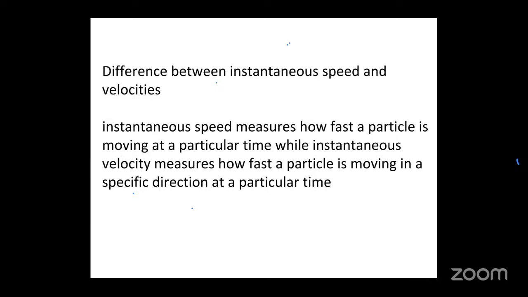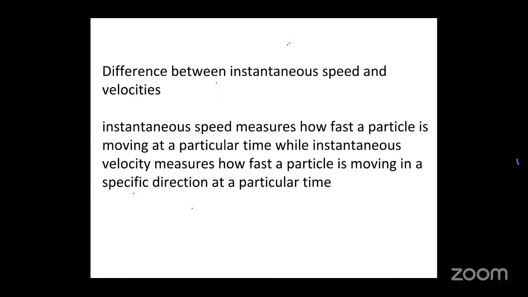Remember that velocity is a vector quantity, so when you are defining it, it must always have a specific direction attached to it. So instantaneous speed is how fast the object is moving at a particular time, while instantaneous velocity is how fast the object is moving at a particular time in a specific direction.